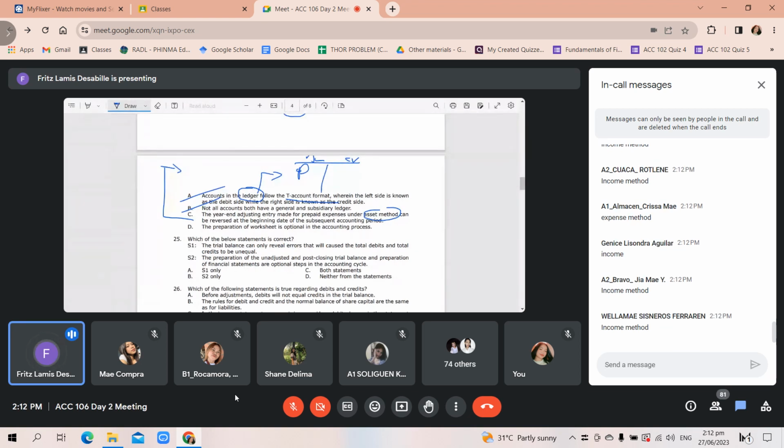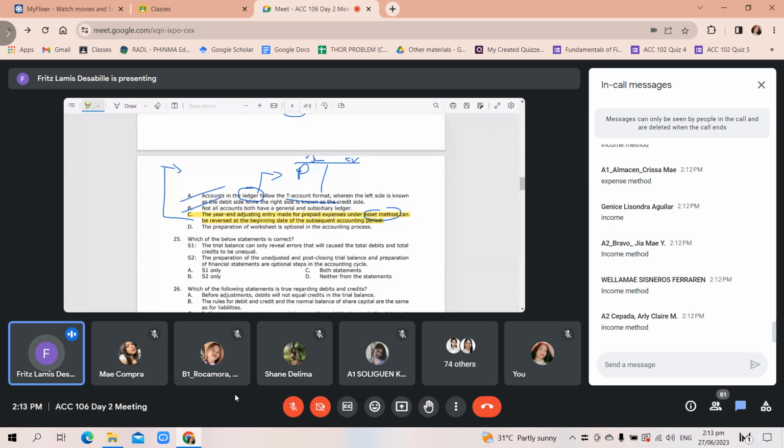Letter D is the preparation of worksheet is optional. So the worksheet is just similar to the trial balances, no? The content of the worksheet is the unadjusted trial balance, adjustments, after adjustments, adjusted trial balance, closing, and post-closing trial balance.